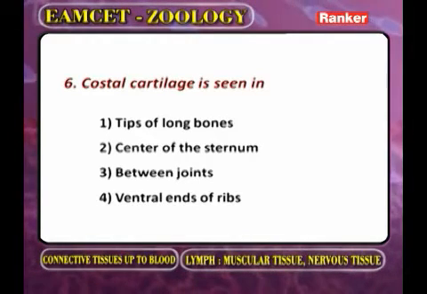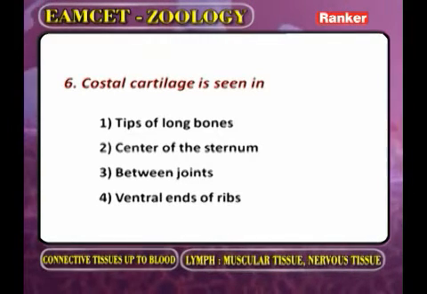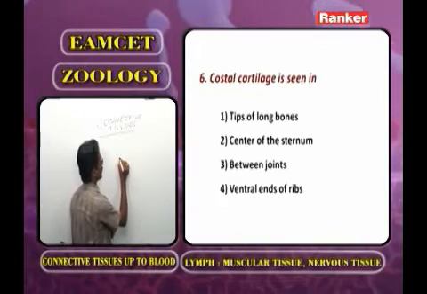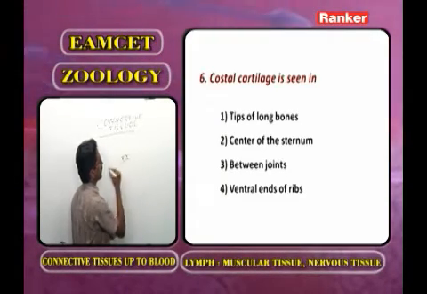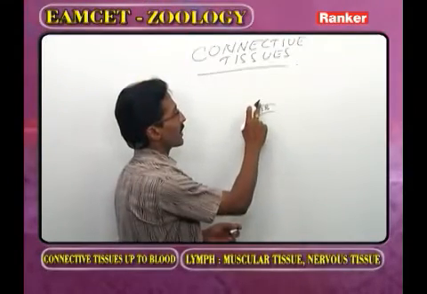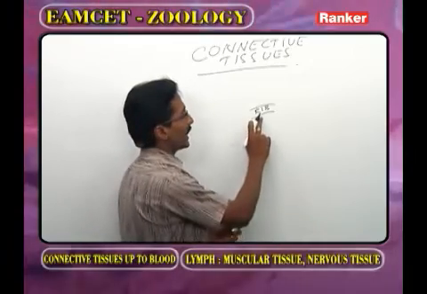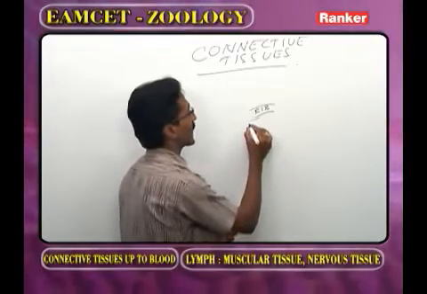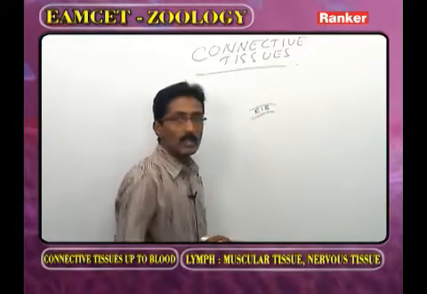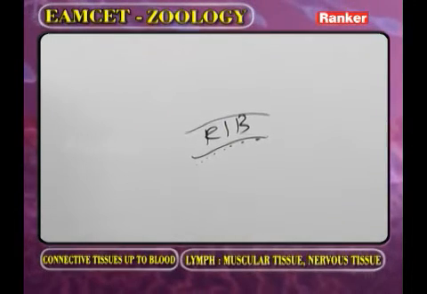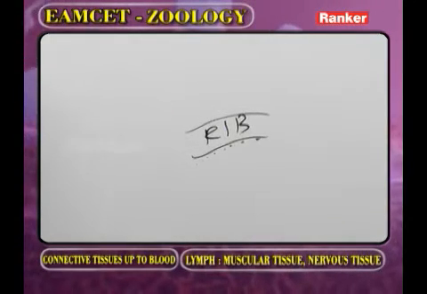Costal cartilage is seen in. Before going to the costal cartilage, now this part we call the rib. And this one we call the dorsal side, and this one we call the ventral side. Now on the ventral side of the rib, what type of cartilage is present? That we call hyaline cartilage.